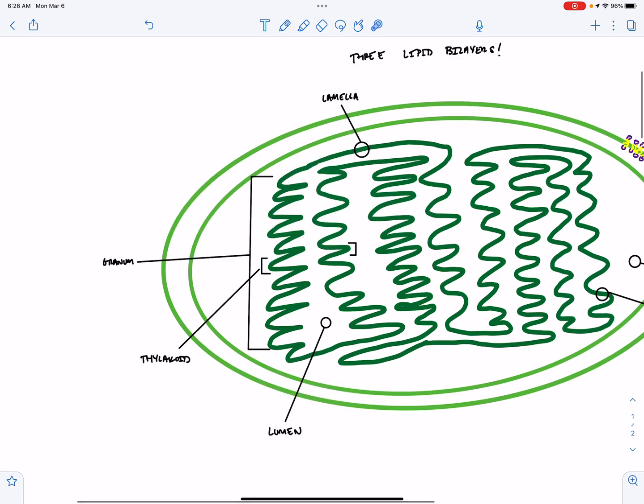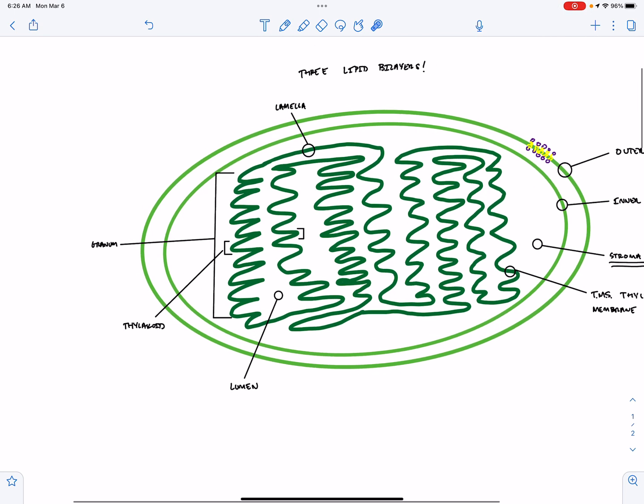So here's a thylakoid, a stack of thylakoids makes a granum, and then granums are connected one to another through these structures called lamella. And these all make up the thylakoid membrane system.